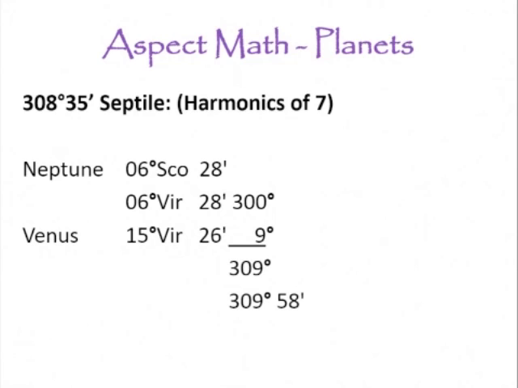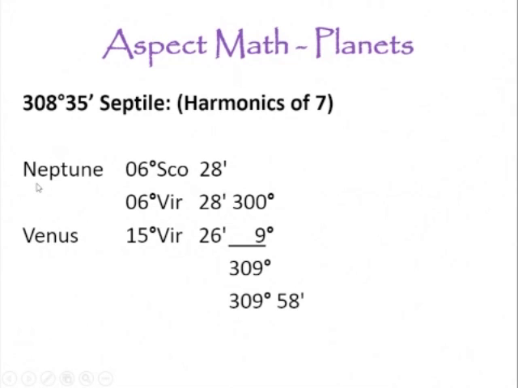So, for instance, working with the quintiles and the septiles, you can use narrower orbs, or looking at it in a phasal process of one thing leading to the next, you can look at both aspects between those two planets.